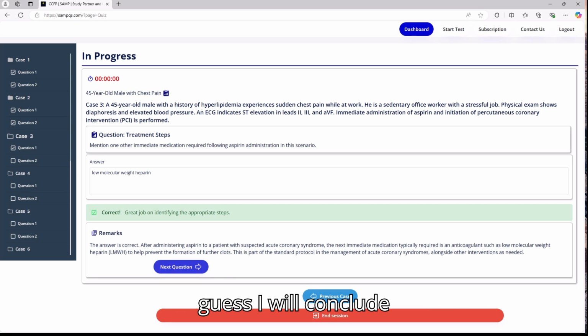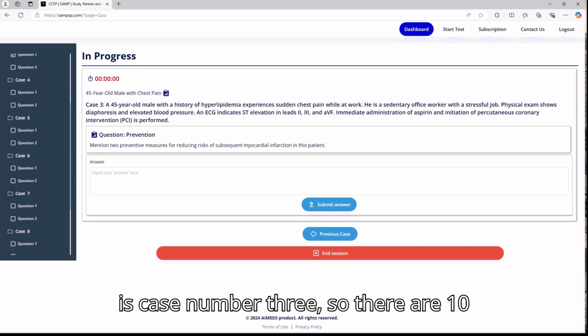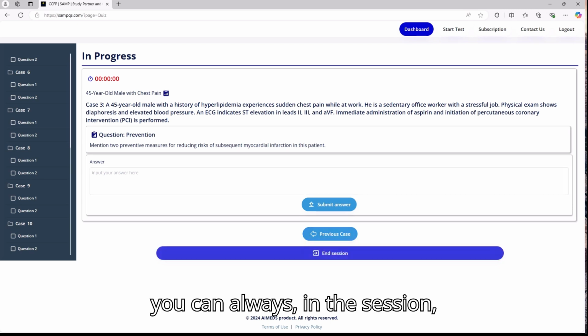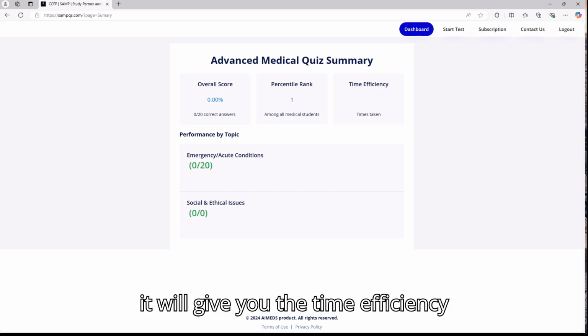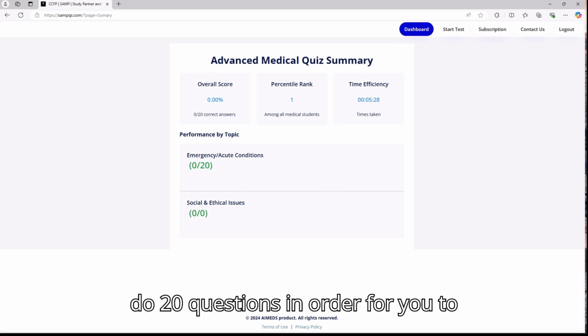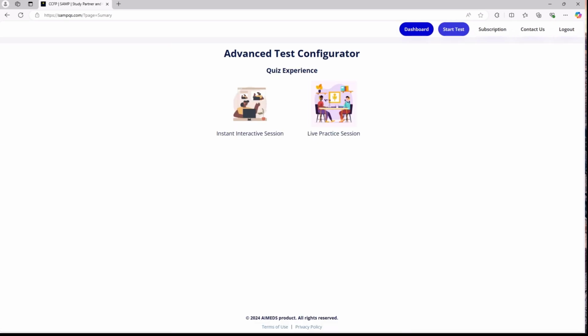And I guess I will conclude with this case here. This is case number 3, so there are 10 cases here, and in the session it will give you the time efficiency here, 5 minutes and 28 seconds, and the overall scores need you to do 20 questions in order for you to see your ranking.